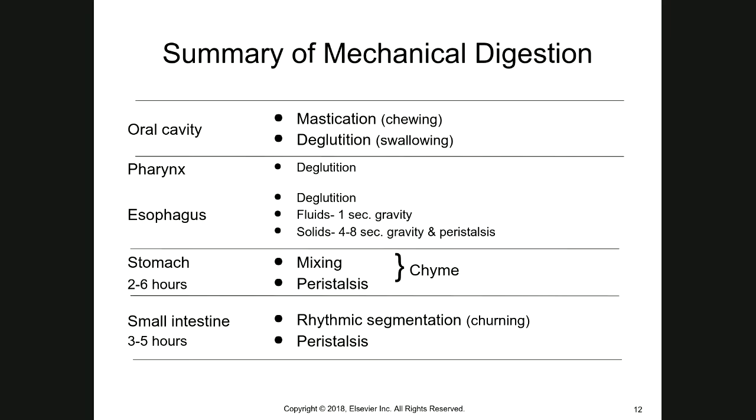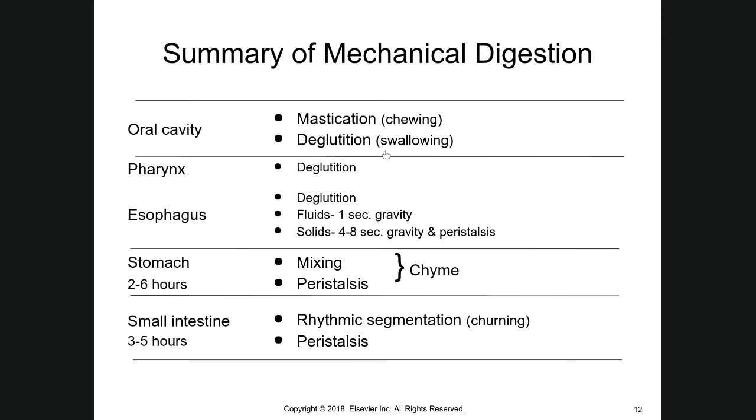All right, when they talk about digestion, there is mechanical digestion and chemical digestion. When they talk about mechanical digestion, it starts in the oral cavity. And you've got two terms that I want to make sure you're aware of: mastication, which is chewing, and deglutition, which is swallowing.